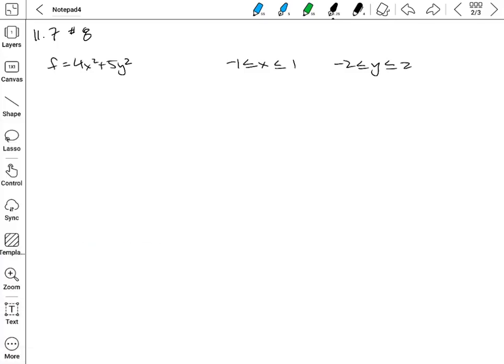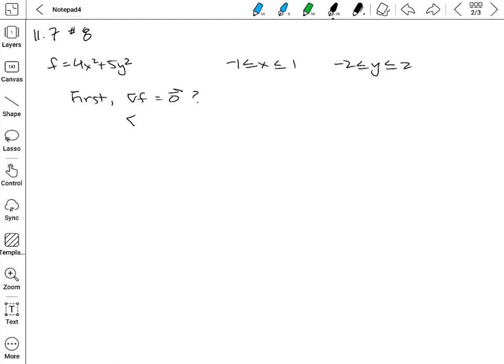Okay, so all we're going to do is find the critical points, check the boundary, find the largest values, find the smallest values. So whenever we have one of these optimization problems, the first thing we check is when is the gradient, grad f, equal to 0.